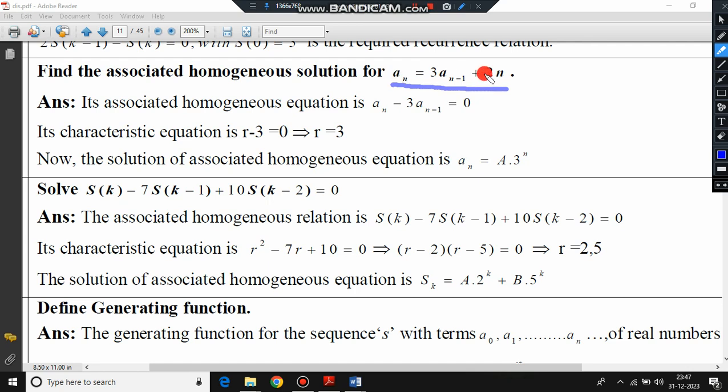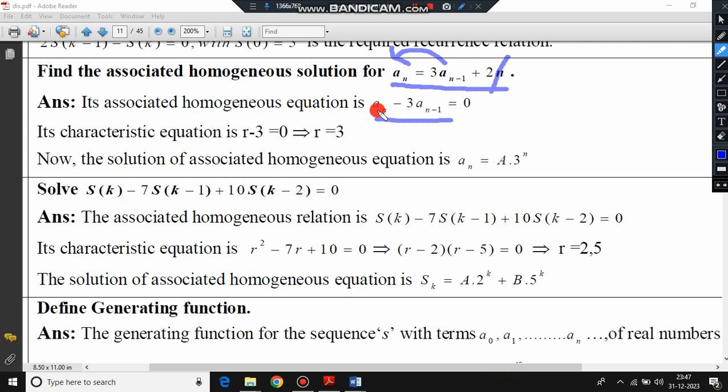In such an equation you have to consider only a_n and a_(n-1). The other term should not be taken into account. So now you bring these terms to this side, what we'll get is a_n minus 3a_(n-1) equals 0.